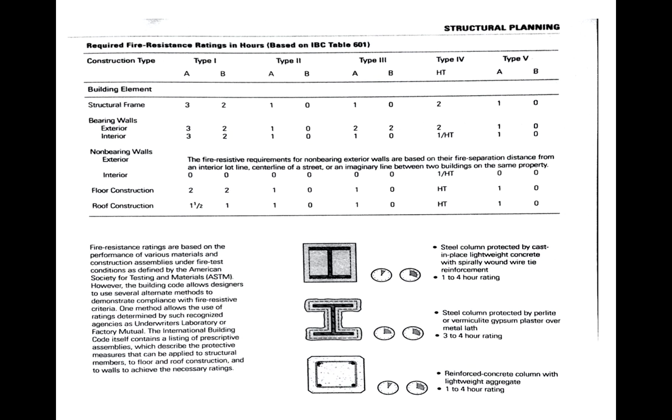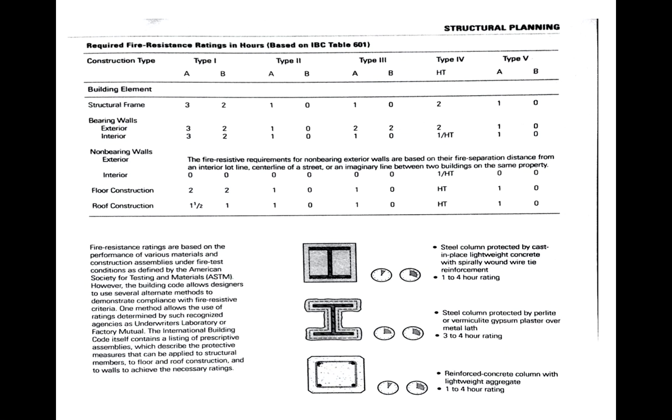This means that in a type 1A structure, our structural frame has to survive a fire for 3 hours, which is usually, of course, going to be more than enough time for firefighters to arrive and extinguish the fire. But that's how seriously the code takes this, that a 3-hour fire rating is required for a structural frame.